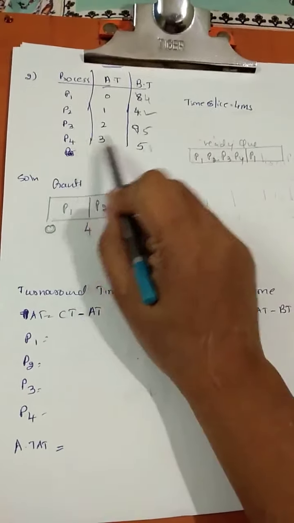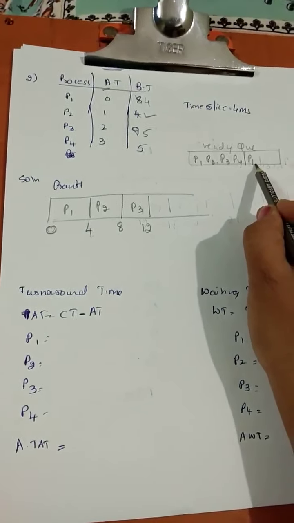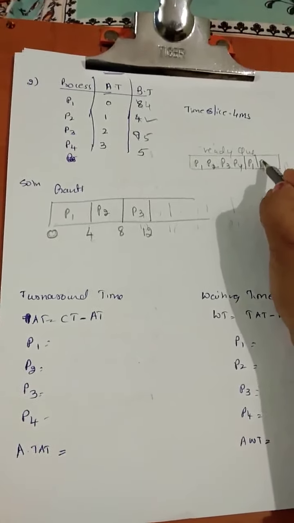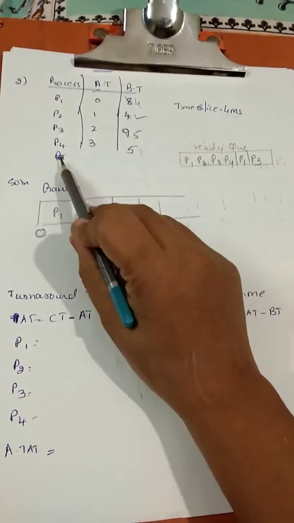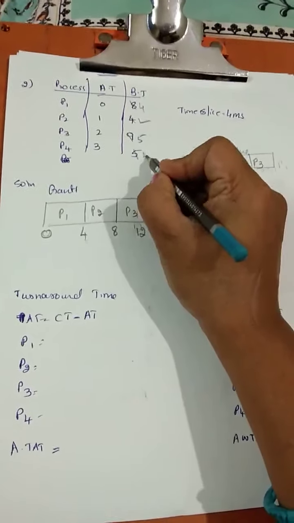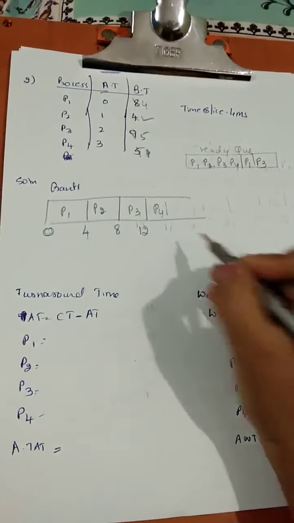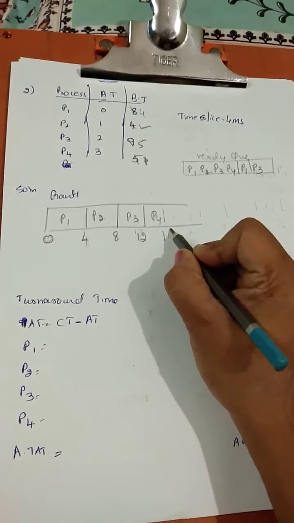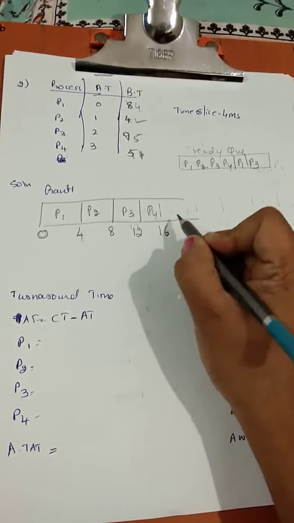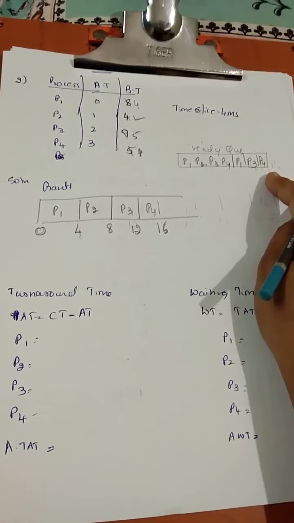So once this has executed, 5 is still remaining, so again it will come back and wait in the ready queue for its chance. Then P4 will be scheduled. This also will execute for 4 milliseconds and the remaining will be 1. So this will be 16. Again P4 will come and wait in the ready queue for its chance.